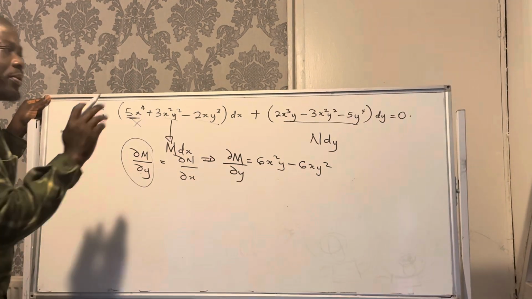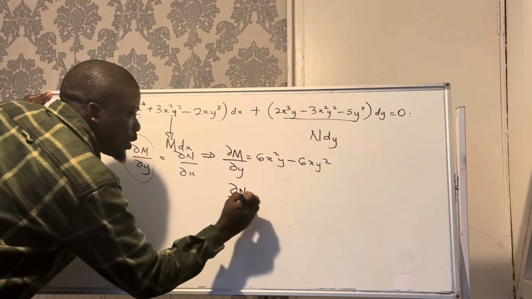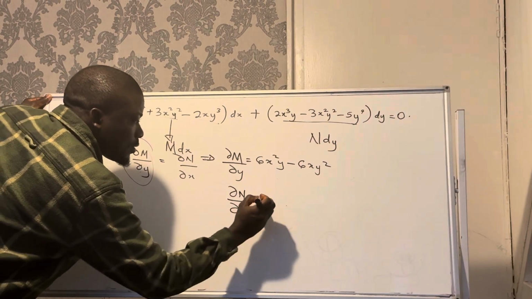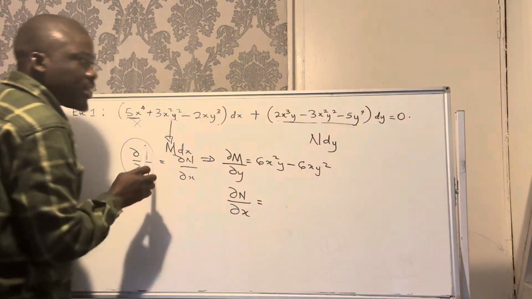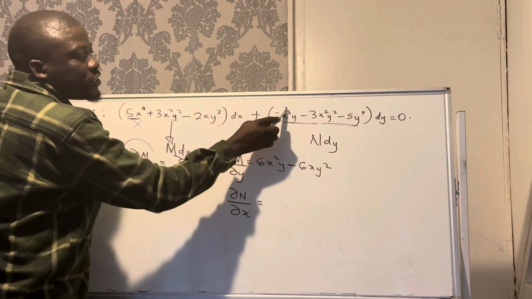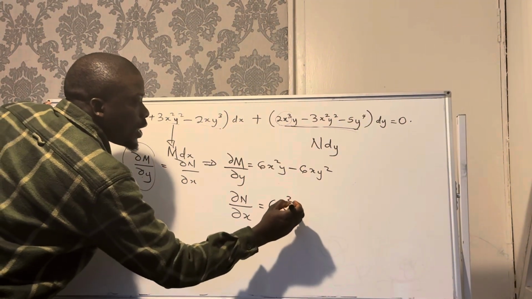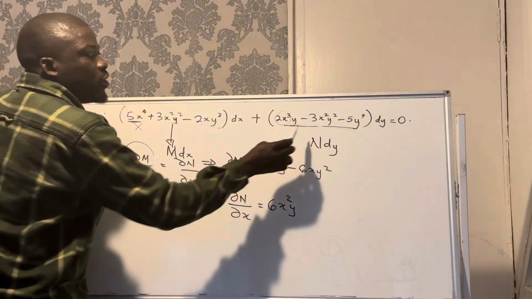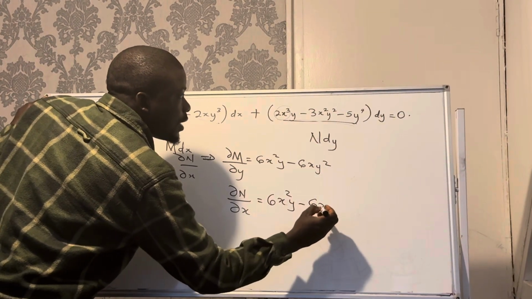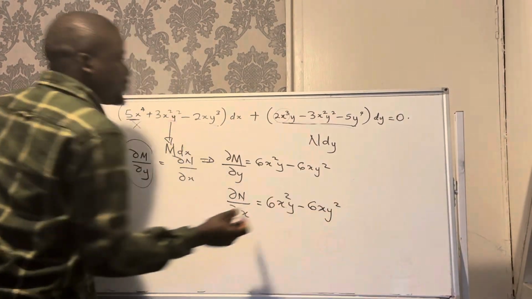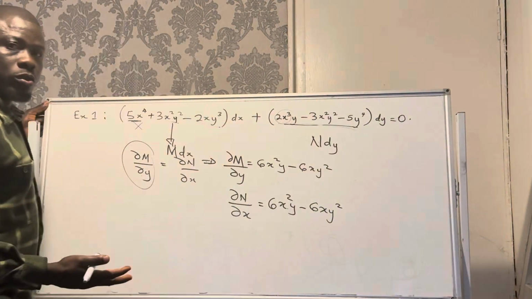Now, let's look at partial N with respect to x. Let's differentiate the whole value here with respect to x. If you differentiate this, we have 6x squared y, and if you differentiate this as well, we have minus 6xy squared. But because there is no x here, it is of no use.